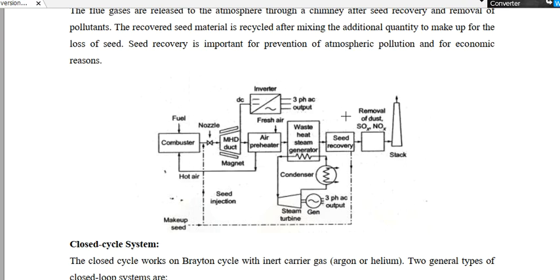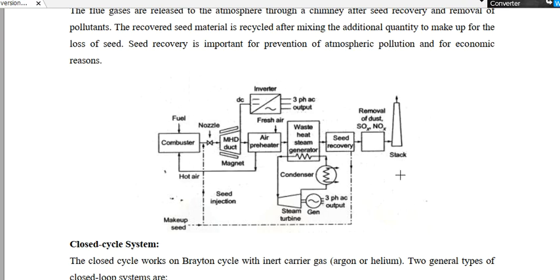Now again the exhaust gases move further after generating steam, and the seed, which is an expensive thing, is recovered from this exhaust gas and mixed with some makeup seed and again sent to the flue gases, which form the working fluid for the MHD generator.